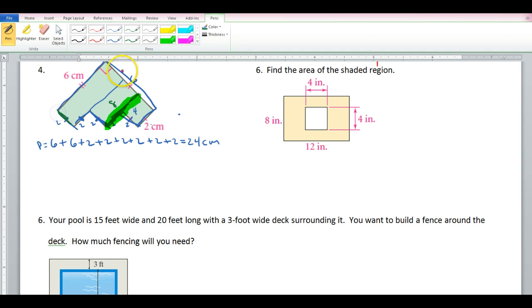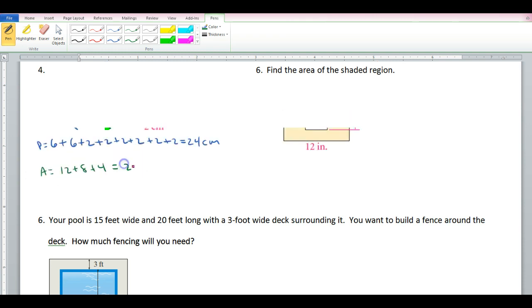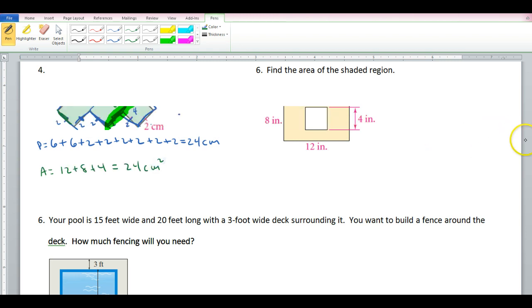And this one would be 2 times 6, which is 12. So now the area of that figure would be 12 plus 8 plus 4, which gives you 24. It would be centimeters squared.